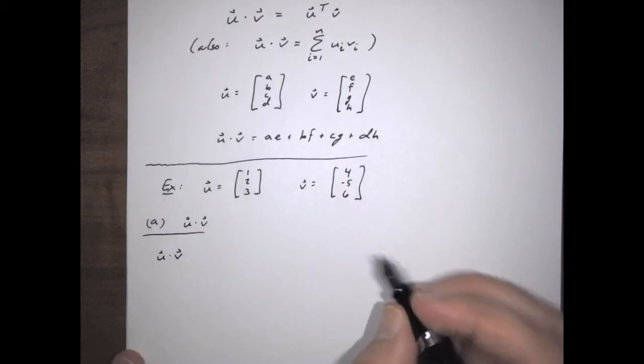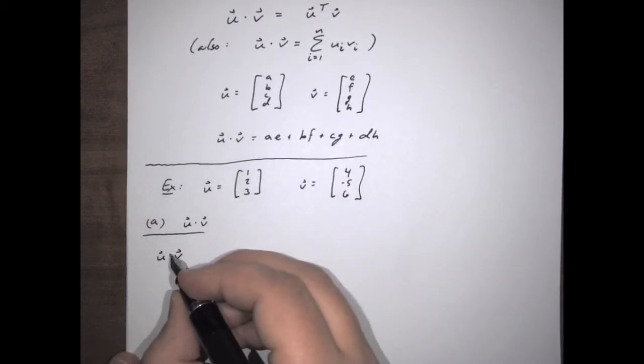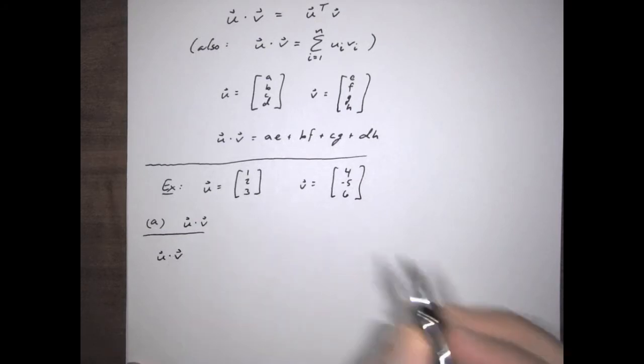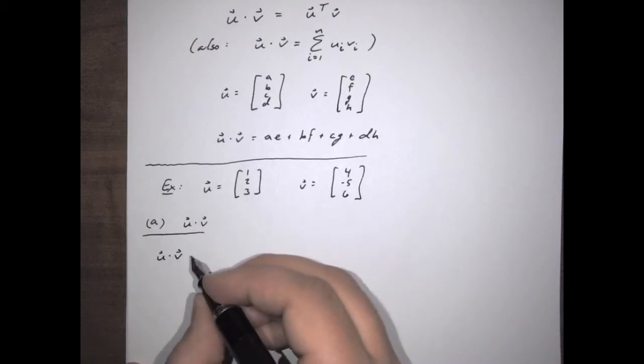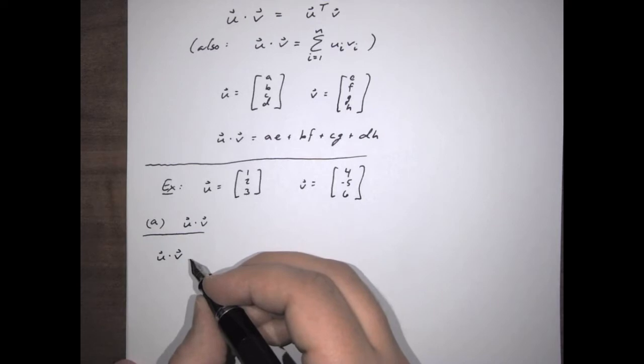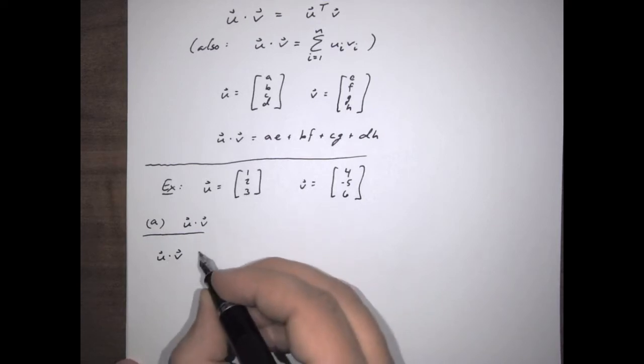When you're multiplying numbers or algebraic expressions, sometimes you can put in a dot, sometimes you can leave it out. Here, this dot is not optional. It is an important piece of notation because there's more than one way to do vector multiplications, and this is one of them, written with a dot.